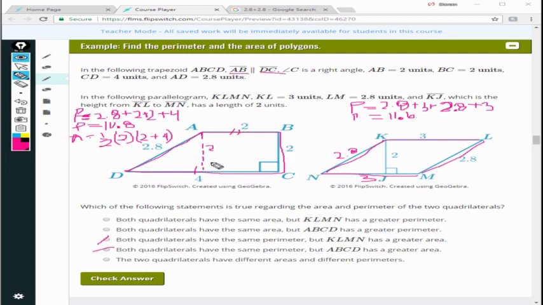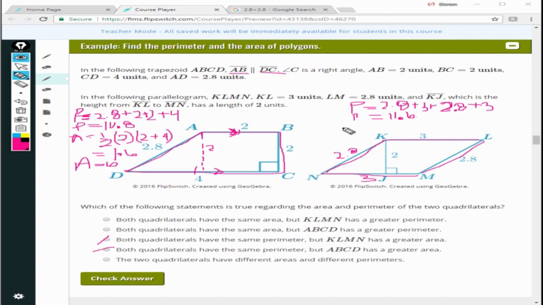Whoops, I should mark it with arrows because that's how it's indicated as parallel. So 1/2 times 2 is 1. Times 2 plus 4 is 6. So 1 times 6 is going to give us 6.